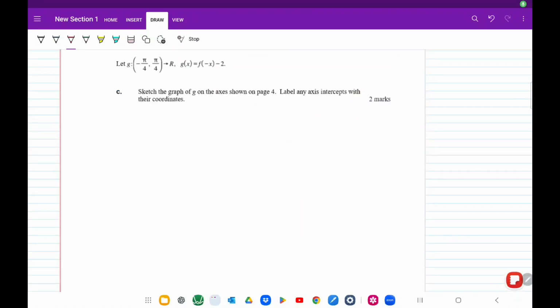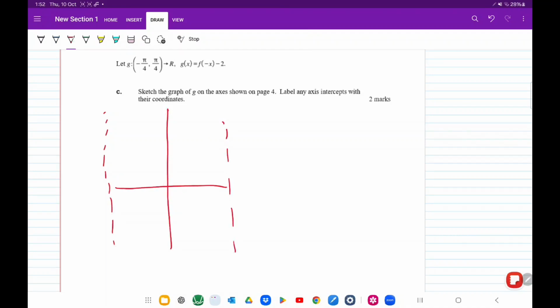All right, the next question says sketch the graph of g on the axis below. We need to first understand what kind of graph we're dealing with. This is just going to be taken as a copy and paste from the graph above. The graph above indicates some sort of tan graph.